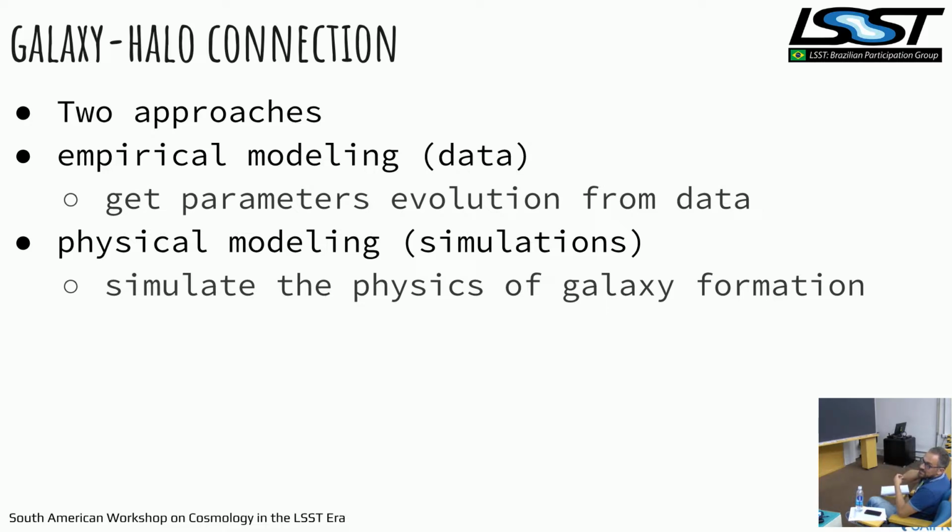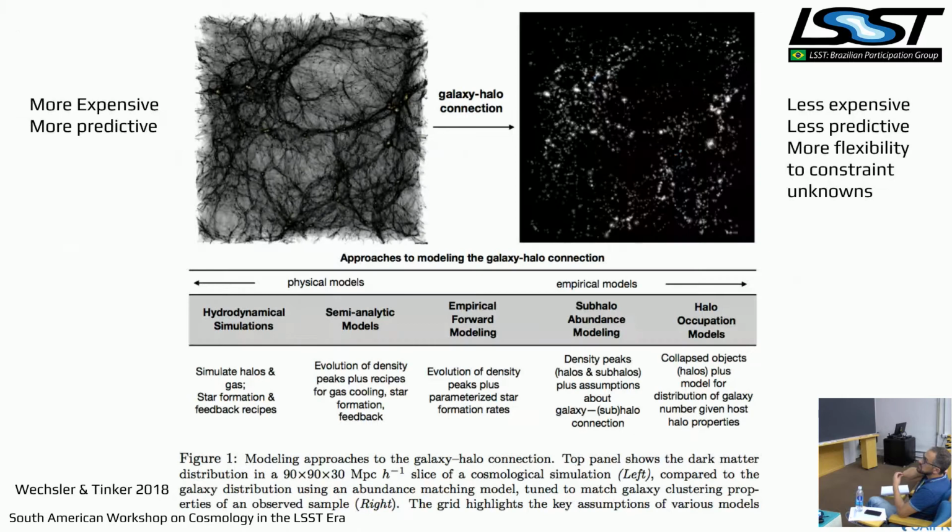Okay, cool. So with empirical modeling, you observe the world, you try to model it, get your understanding of the world and you put it back into the simulations, or you can try to simulate from first principles, which is very hard. Just to show, there is this nice graphic here from Wechsler and Tinker. This is a recent review. If you want to simulate everything from first principles, it's very expensive, but of course more predictive.